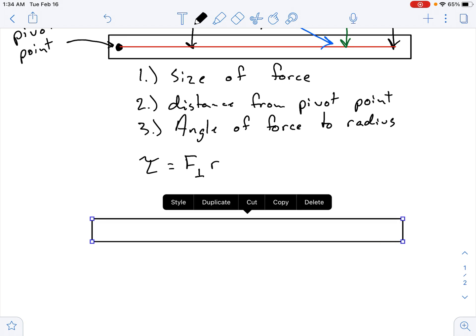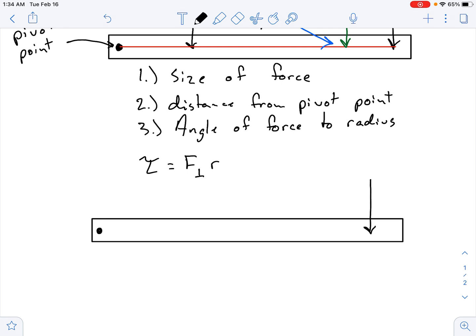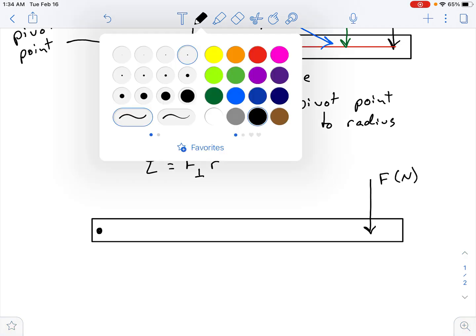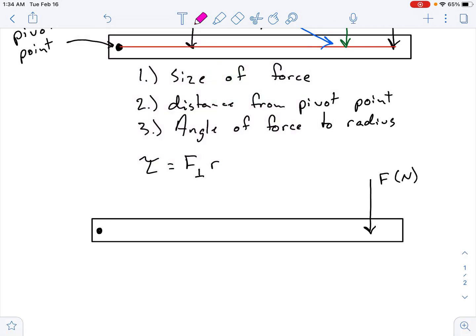Right, and if I wanted to calculate the amount of torque a given force would give, if this is my pivot point here, I'm going to exert my force here. This would be my force measured in newtons. And my distance from how far I am from the axis of rotation, this is my R measured in meters.